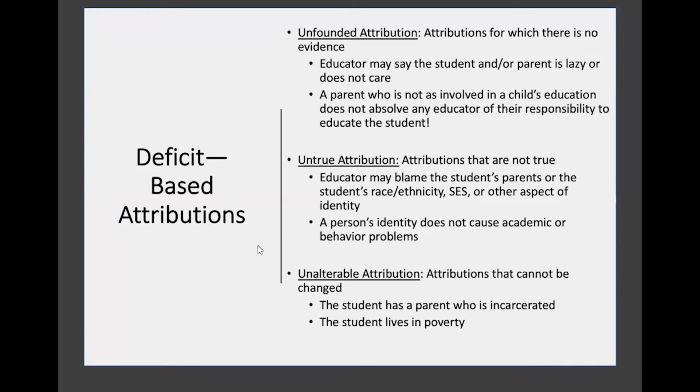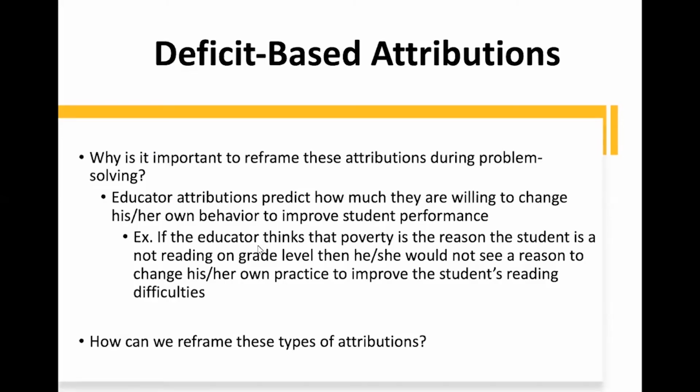So when we have these kinds of attributions manifest themselves, we have to address it. Some people say, well, okay, somebody on the team was talking about Johnny living in poverty or whatever, how is that going to have any impact on what we actually need to do? What our research tells us about attributions, particularly with educators, is that if educators hold attributions in which they don't think they have any control over that factor, they are much less likely to intervene, much less likely to do anything.